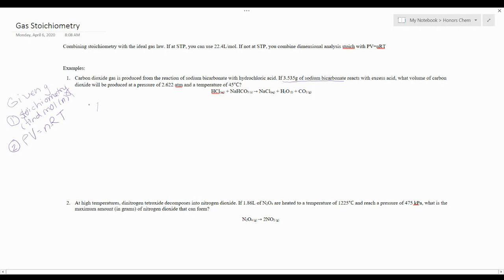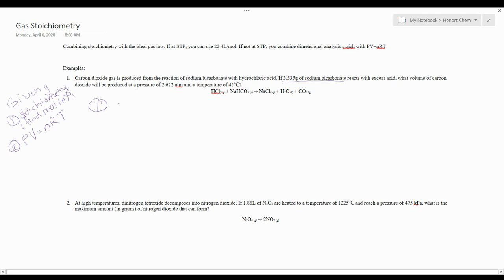First step is the stoichiometry. So in order to plug in the values into PV equals nRT, we need a gas. So this one specifically is asking what volume of carbon dioxide. So we're trying to find CO2. So our stoichiometry is going to switch from grams of sodium bicarbonate to moles of CO2.